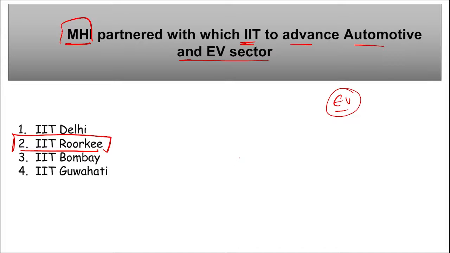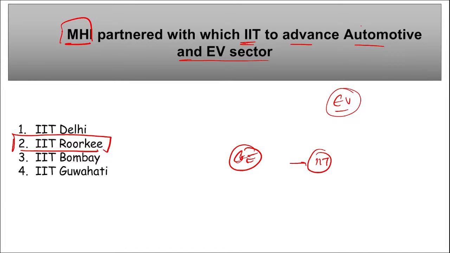And the MOU here aims to create a center of excellence and an industry accelerator at IIT Roorkee. For this, IIT Roorkee has partnered with International Center for Automotive Technology, that is in Manesar, Haryana. This is a premier institute for automotive testing and research.